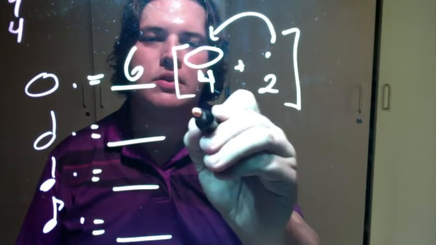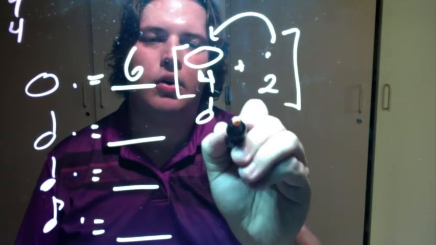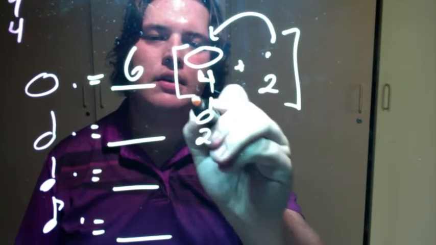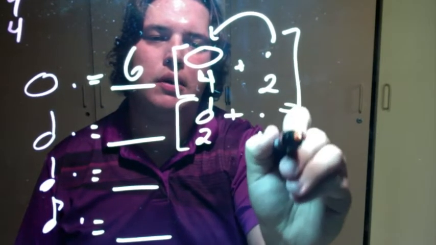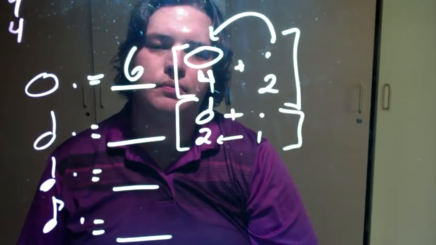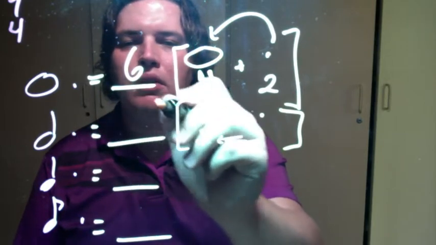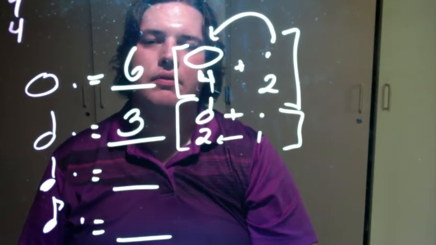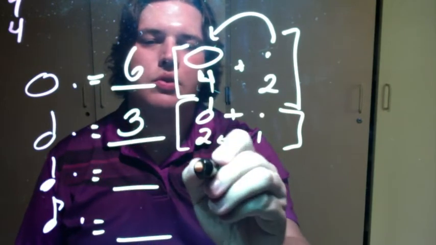Let's drop down to this next one. We already did this, but the half note is going to be 2 beats, and the dot is going to be 1 beat, because 1 is half of 2. So that means altogether that is 3. Let's do the quarter note.